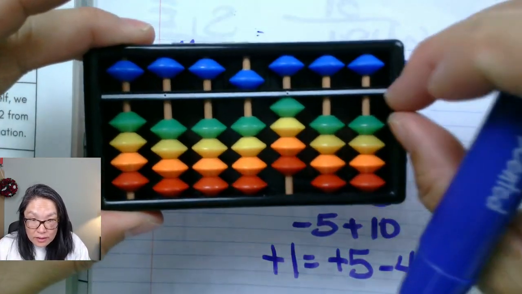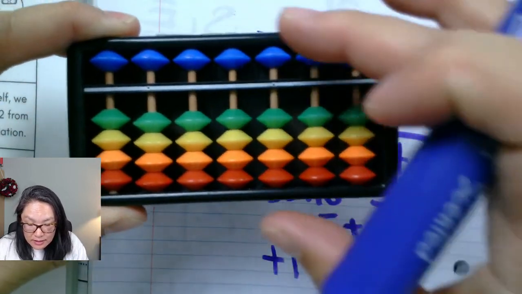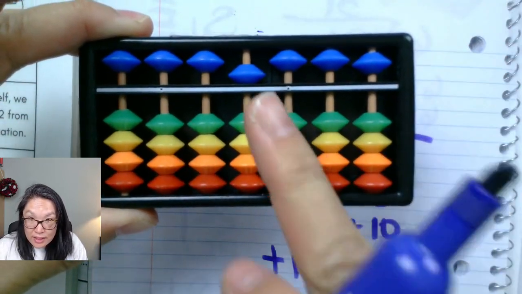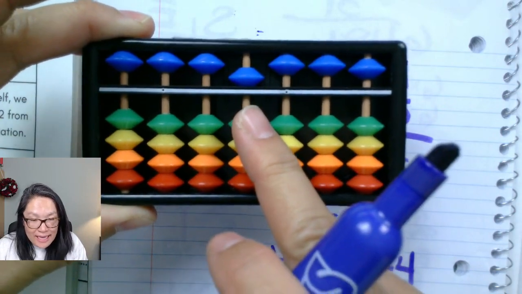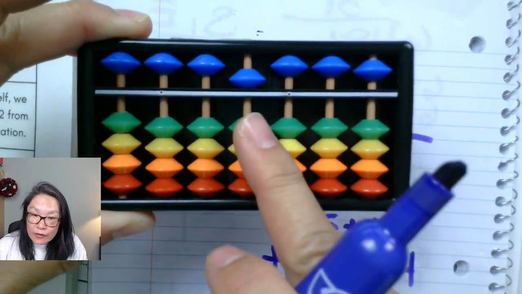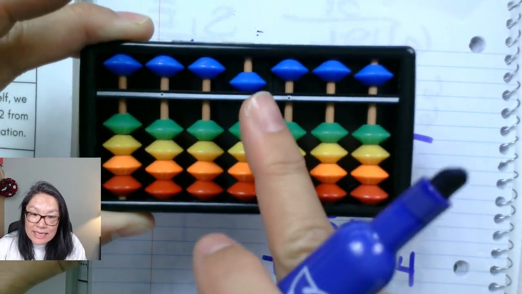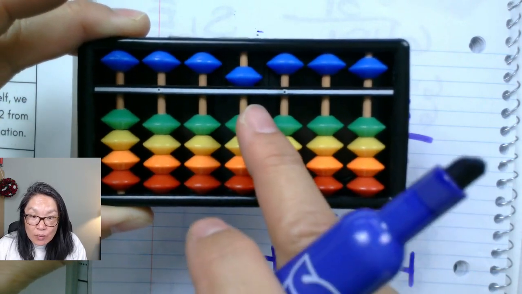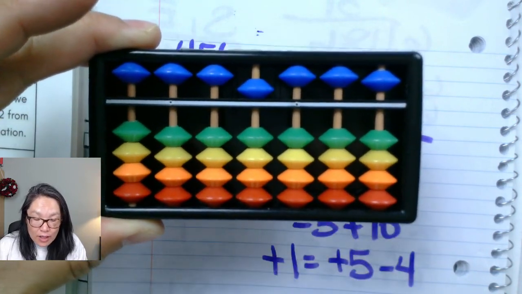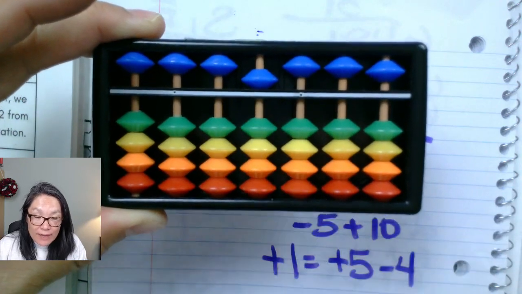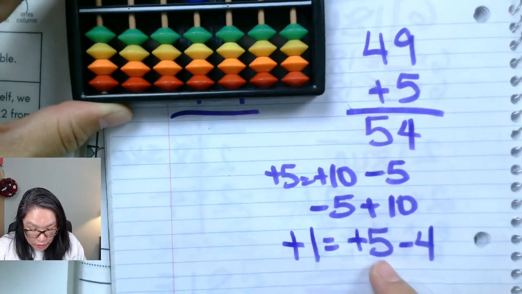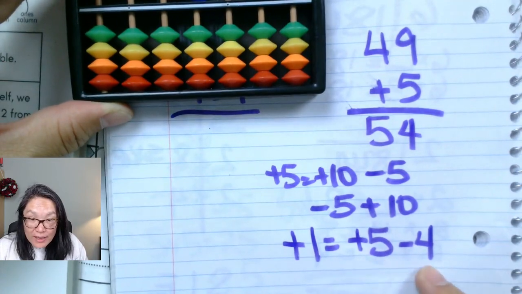Oh, that's a good one. So Jay says 50 take away 4. Yes, but we don't do 50 take away 4. We don't need to say 50 because the abacus says it for us. So we're just going to do plus the 5 minus the 4.